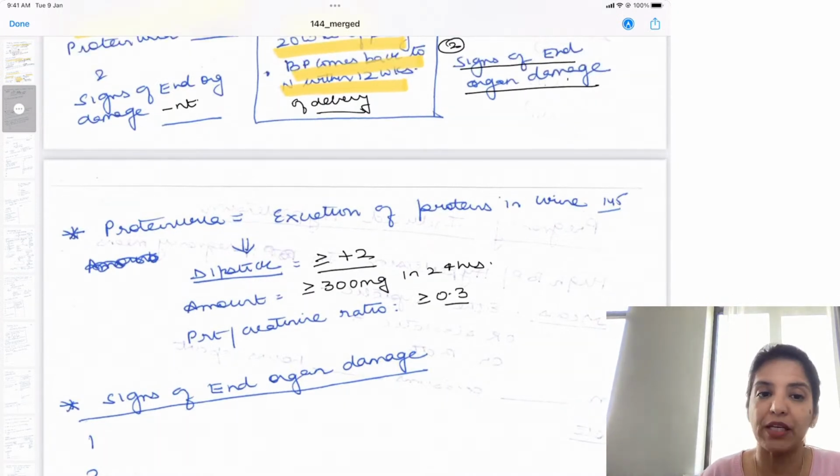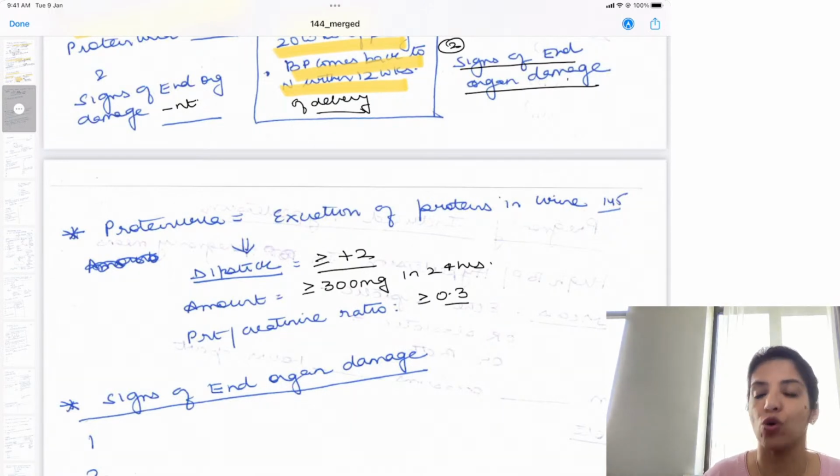So proteinuria means on dipstick method, more than equal to +2, amount wise, more than equal to 300 milligrams in 24 hours, or if protein to creatinine ratio is more than equal to 0.3, then we say that there is proteinuria.